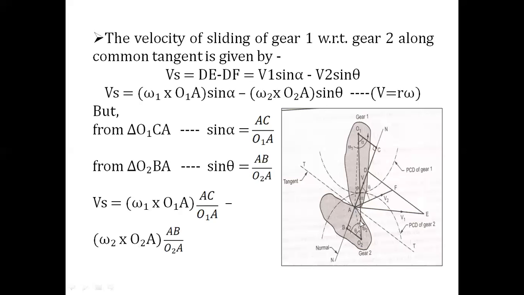This is the radius R into omega 2. So R is nothing but O2A, O2A into omega 2 into sine of theta.